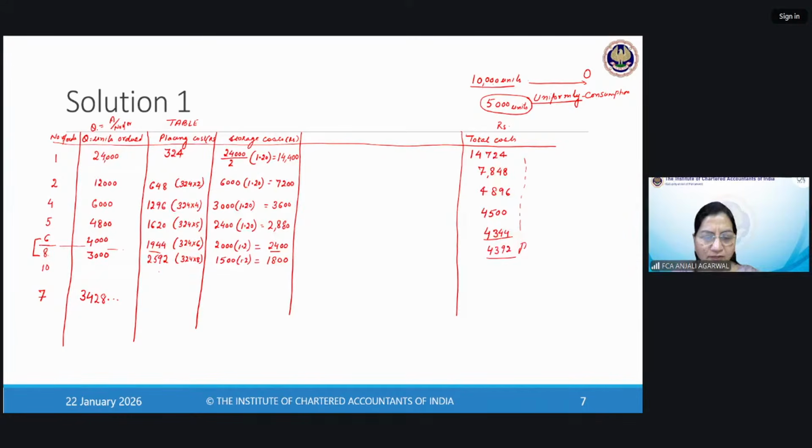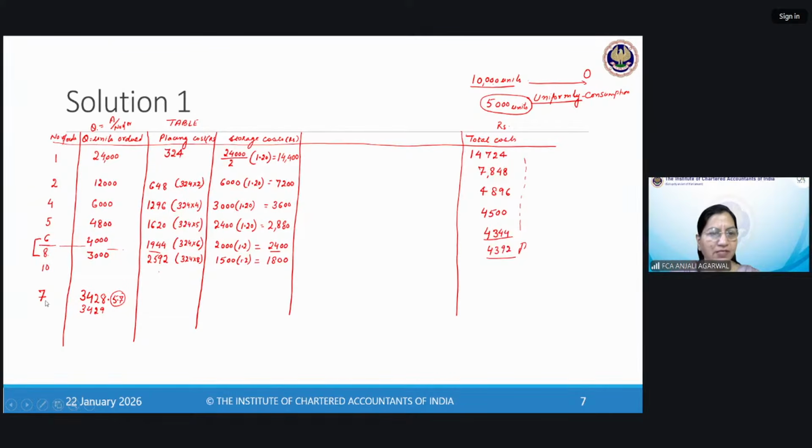So 24,000 divided by 7 is 3428.57. So you can make it 3428 or 3429. Can you order 0.57 units? It doesn't make any sense. You don't want to break your unit, so you will round it off to the perfect number of units.